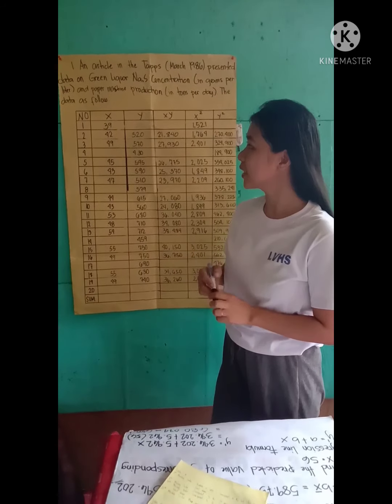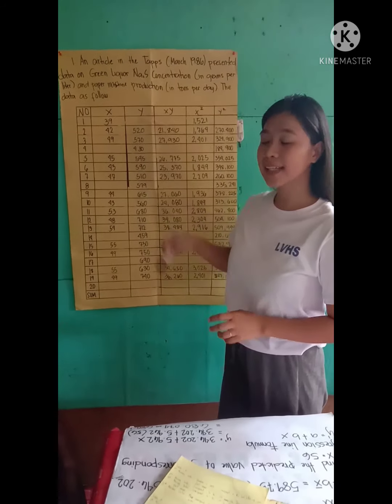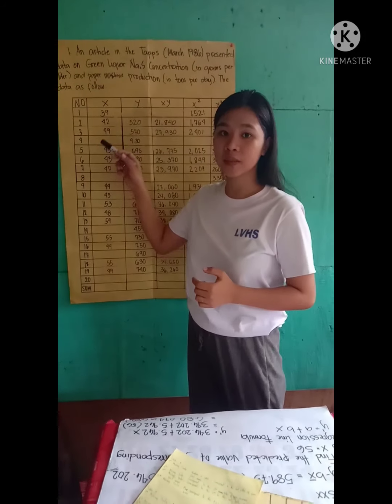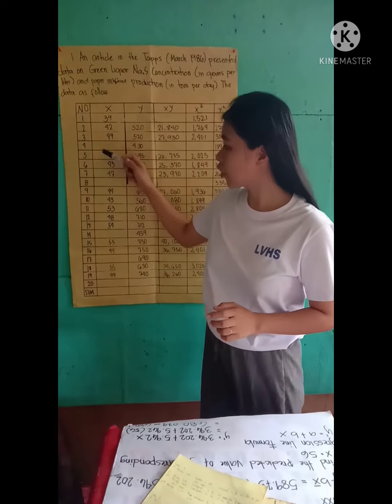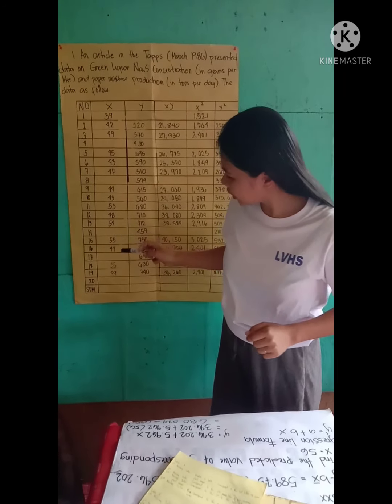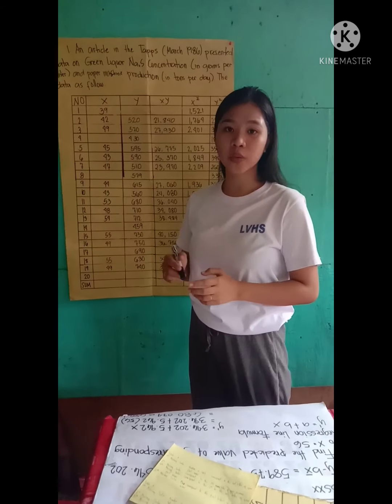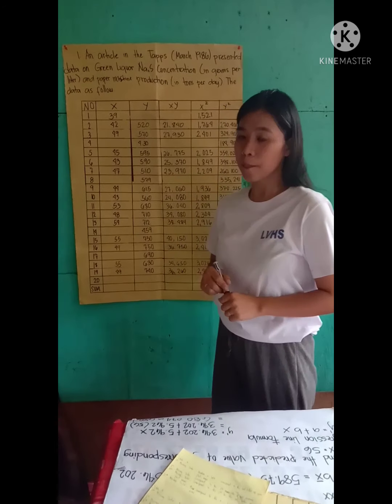As you can see, number 4 in the X column has a missing variable. In order to fill the missing variable, not only in number 4 but also in number 8, 14, and 20, we need to look at table 3 and follow its guidelines.